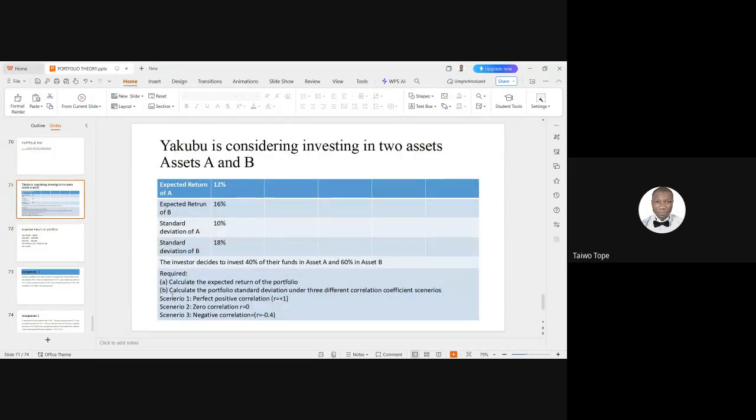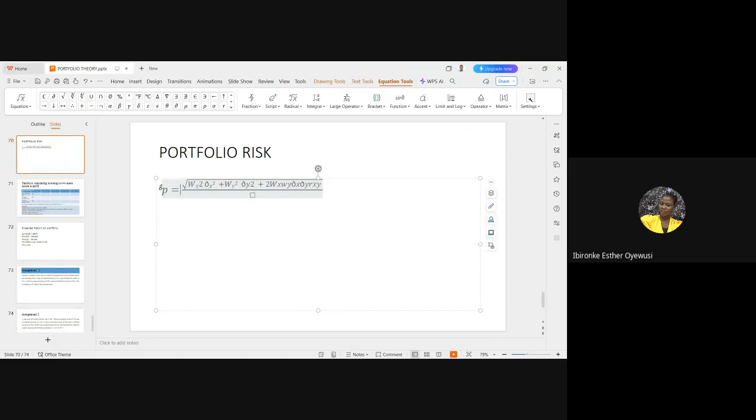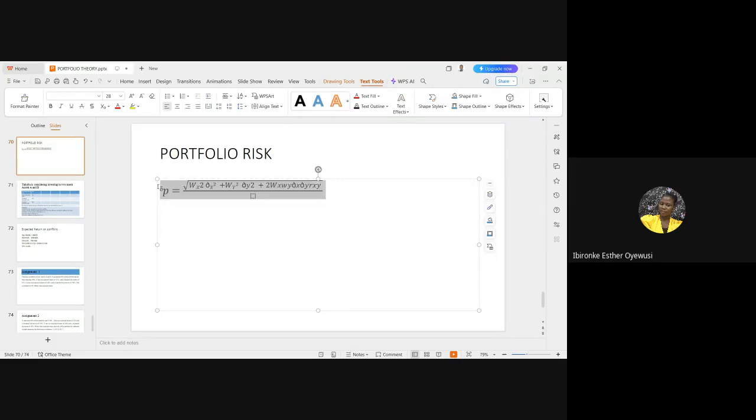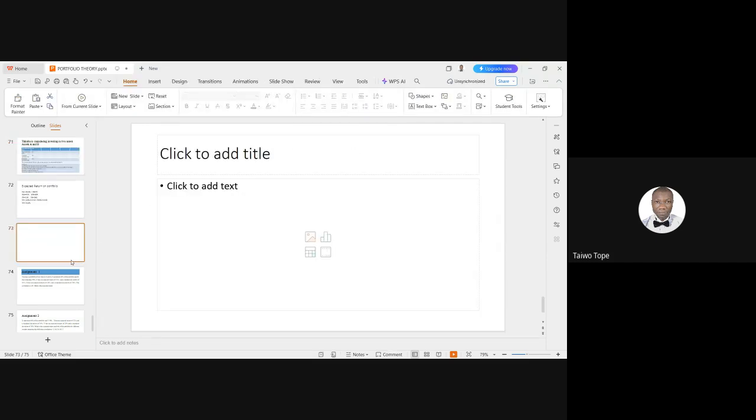The next, calculate the portfolio standard deviation under 3 different correlation coefficient scenarios. Now, for portfolio standard deviation, which formula are we using? We are using this, right? Under 3 different scenarios.